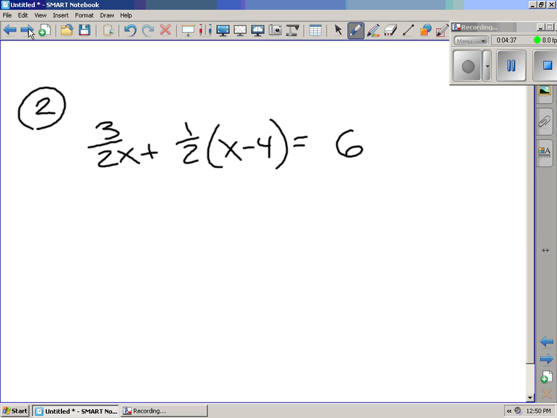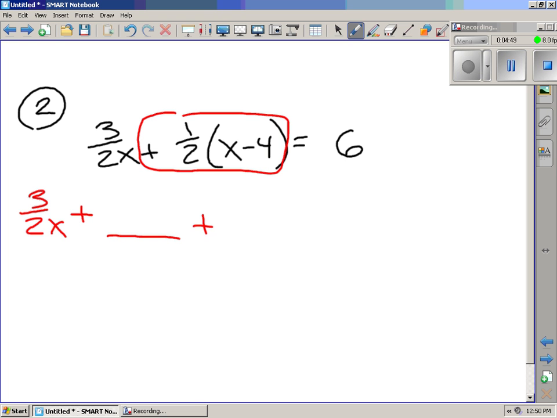All right, in problem number 2, we need to deal with this distributive property section first. So we copy down the 3/2 x, and then we add to that the distributive property section like we do in class.